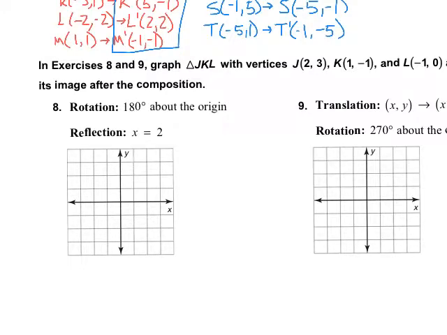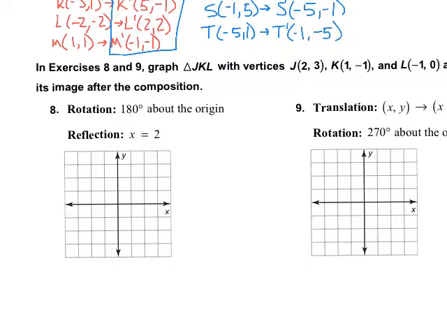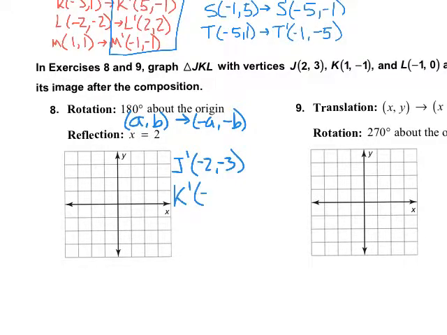Okay, so if J is 2 comma 3, because it tells me that up in the directions, remember a 180 turns A comma B into negative A, negative B. So J prime is going to be negative 2, negative 3. I'm just flipping the signs of everything. K prime is going to be negative 1, positive 1. And L prime is going to be positive 1, still 0. Okay, so there's my 180 degree rotation.